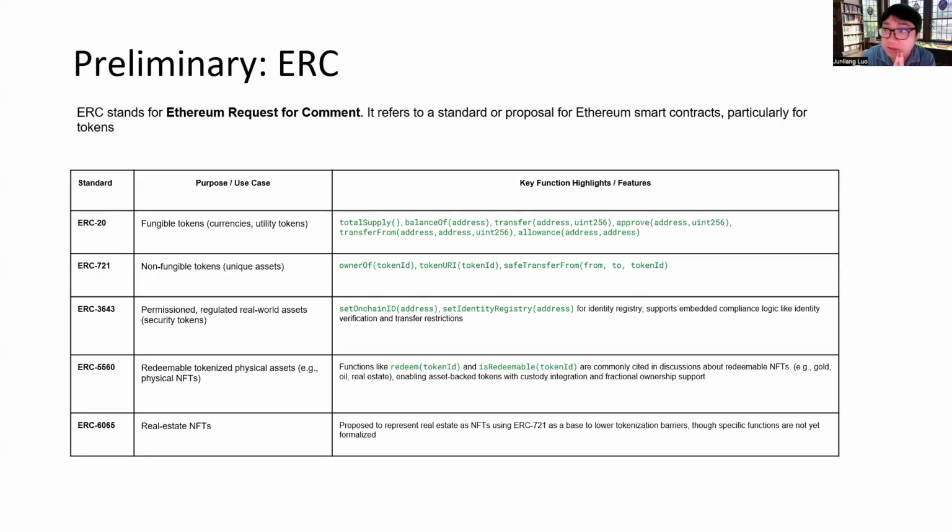So which means they're finalized. ERC was a proposal, but eventually agreed by most of the people in the community and added to Ethereum. For example, ERC20 was proposed back in 2015, like 10 years ago, by this guy named Fabian Vogelsteller, and it was formalized by the Ethereum community in 2017, two years later.